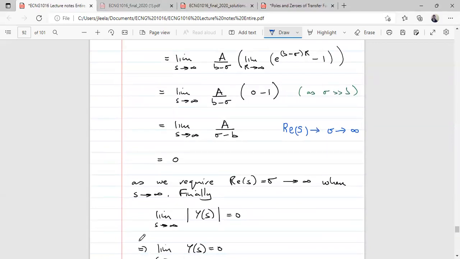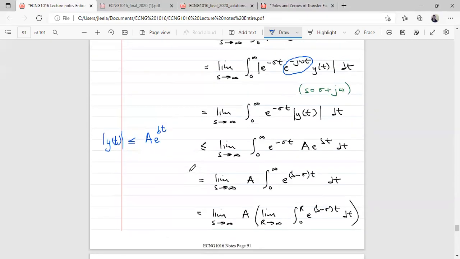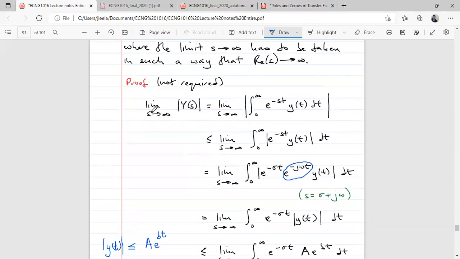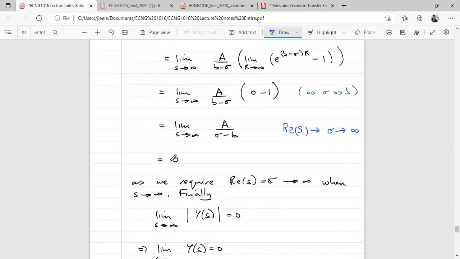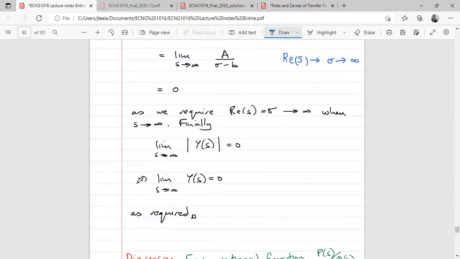And look, it's written here. So therefore, if this is 0 and we go back up to the top here, it means that the limit of s approaching infinity, the absolute value of y(s) will be 0, right? So it implies that the limit of s approaching infinity, y(s) is just 0 as required.